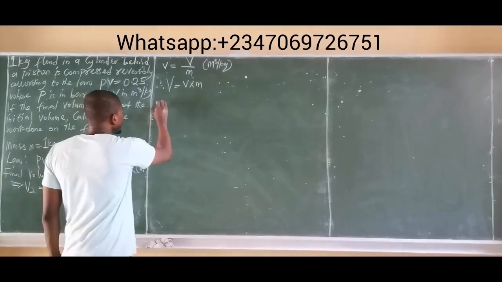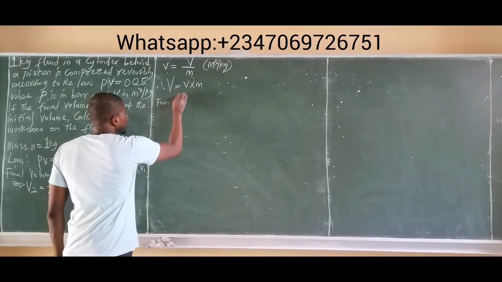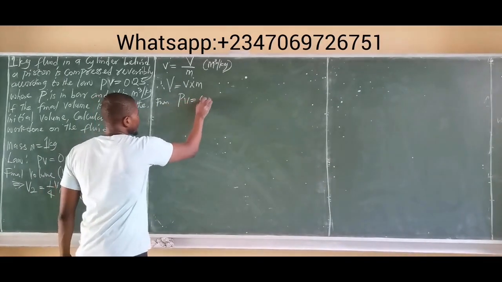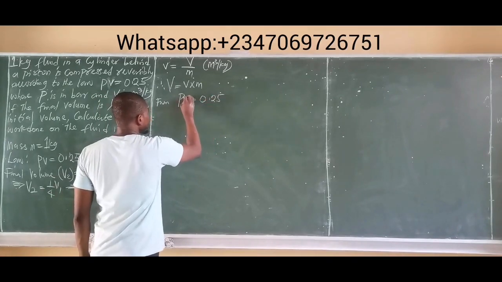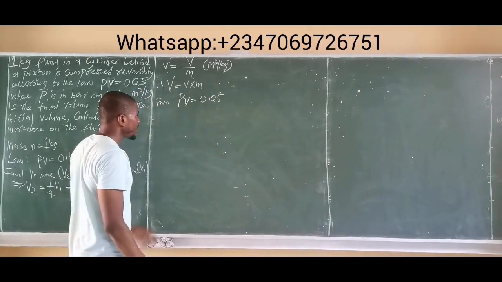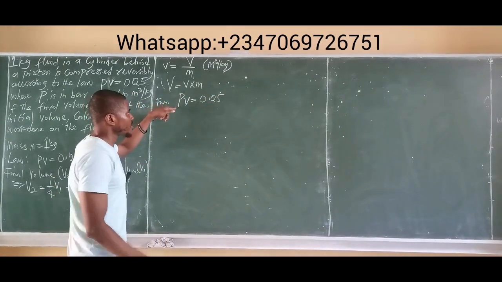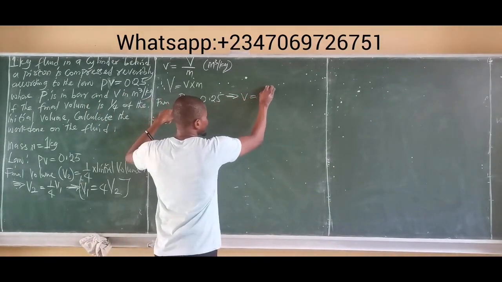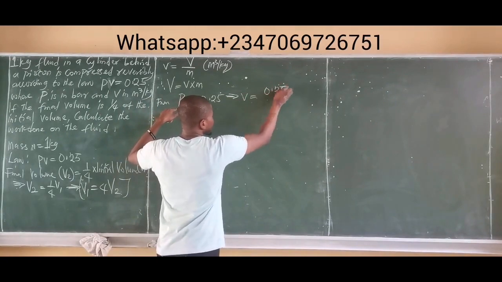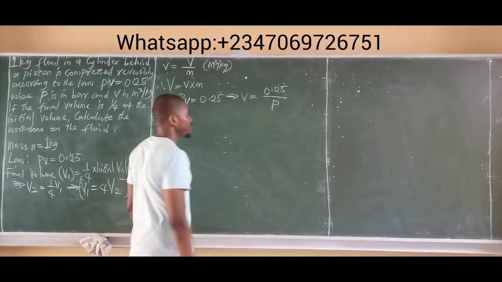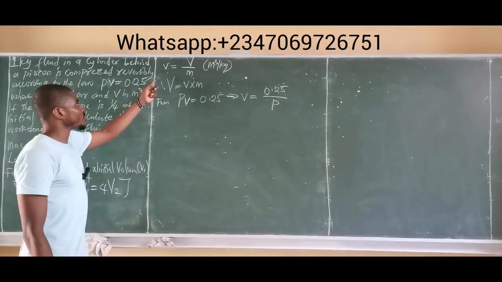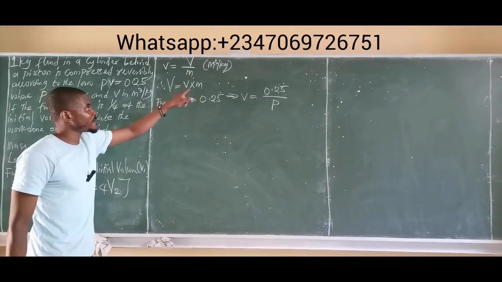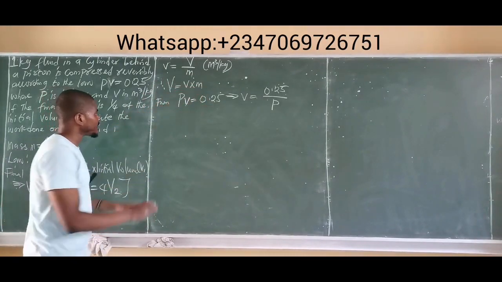So from PV equals 0.25, we simply make V subject of the formula by dividing through with P. So this simply implies that specific volume v is always going to be, in this case, 0.25 all over P. This is our specific volume. And to find total volume, we have to multiply this specific volume by mass.